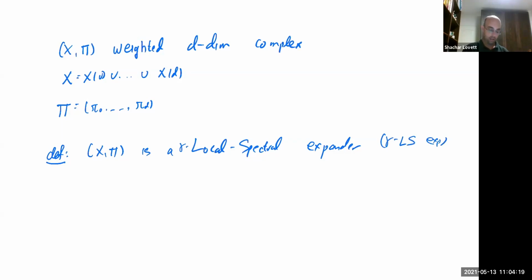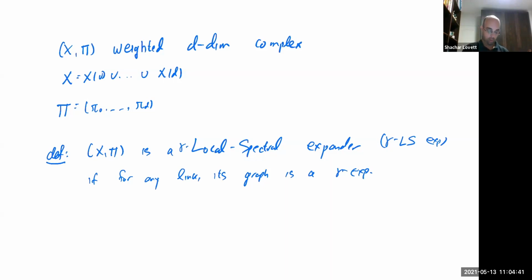If, for any link, its graph is a gamma expander. Okay. So we go from faces 0, 1, 2, 3 up to d minus 2.